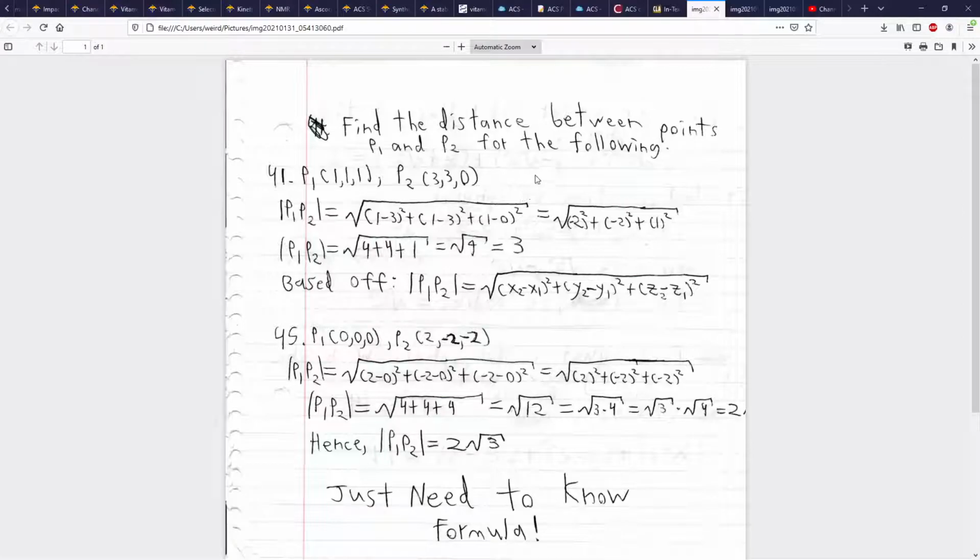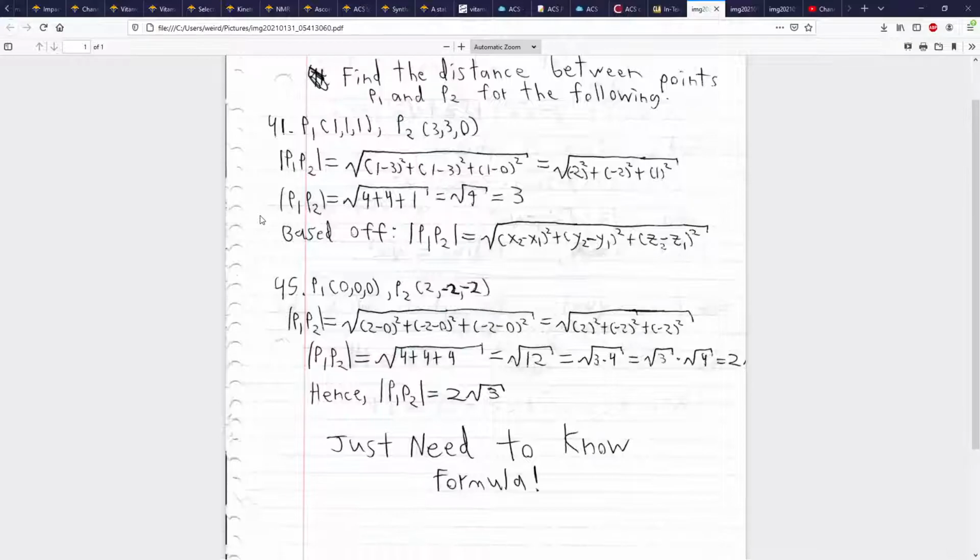So, finding the distance between points. Time for some direct formula application now. The thinking may not be as convoluted. You have 2 points, and you subtract. You can do either order since it's squaring.